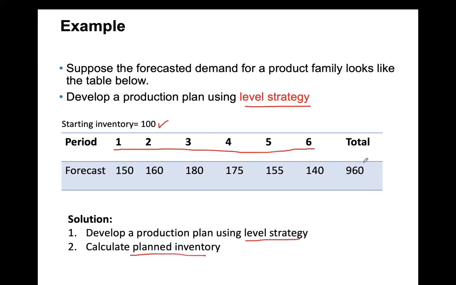We know that the total is 960 units. That's the demand. 960 units are required. So we will divide 960 by 6 periods. We have 6 periods here. So 960 divided by 6 is about 160. So which means that we need to produce 160 units in every period. And if we do so, that will give us 960 units.